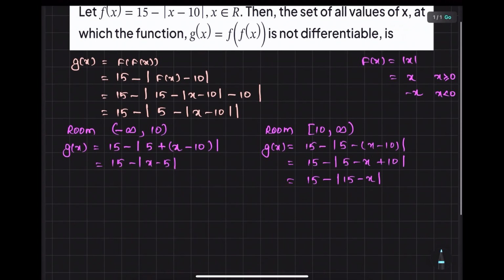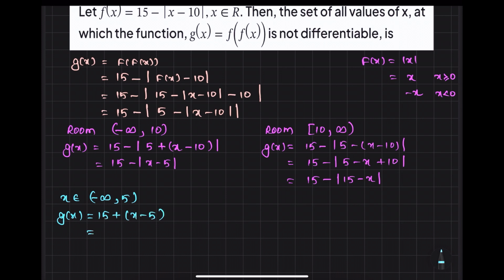So look at this. Room 1, x belongs to minus infinity to 5. In this room it will open with a negative sign, so this negative will become positive. So we will have g of x as 15 plus x minus 5, and then we will have 10 plus x. So this is the first room.